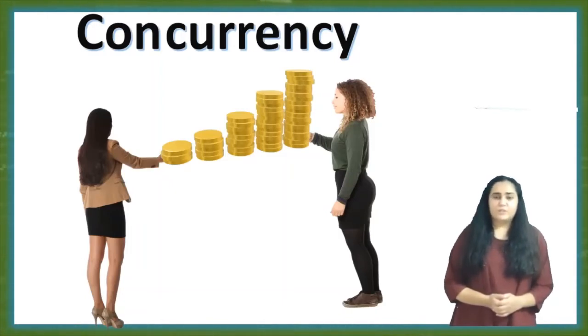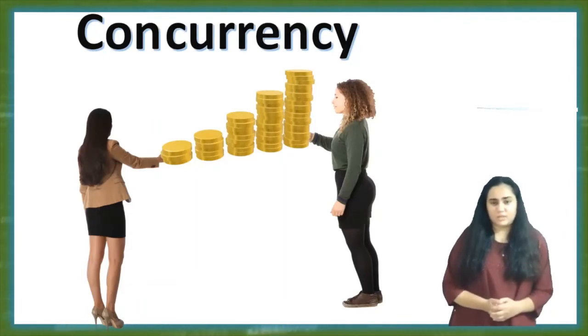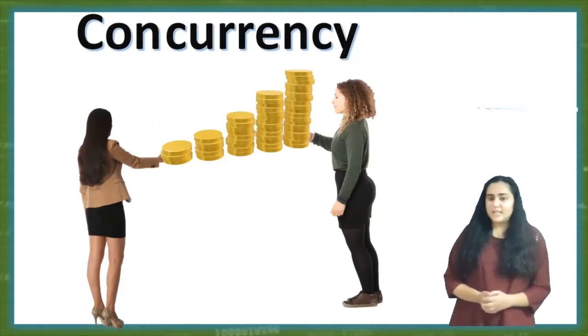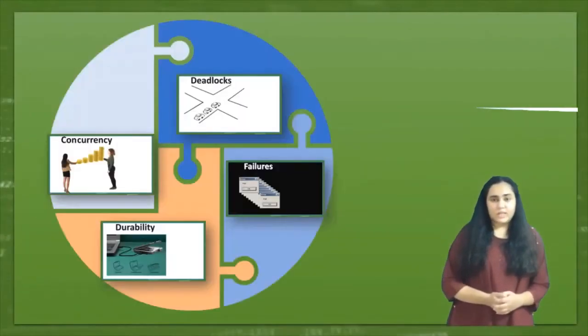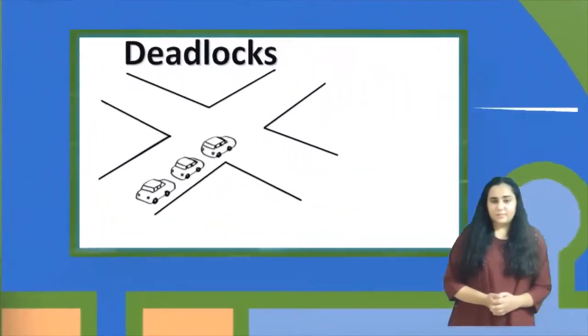This is where you need to make a sort of a timetable of who is allowed to access what and when. So this is where you'll study how to make such an effective timetable that such issues related to concurrency can be avoided.